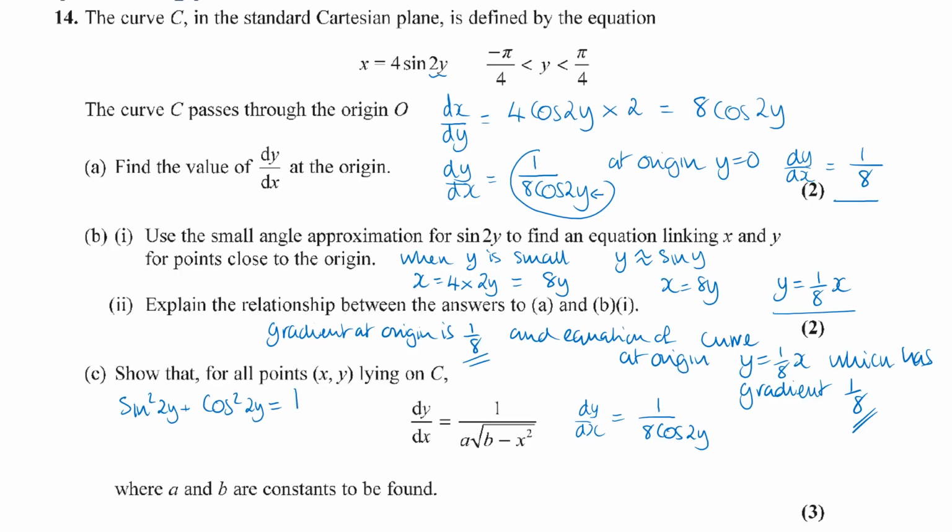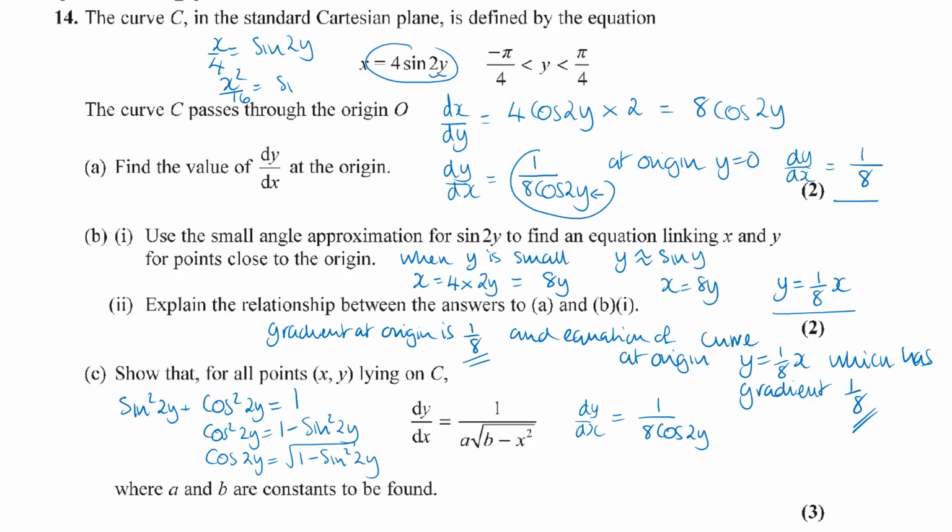So if we rearrange that equation, cos squared 2y is going to be 1 minus sine squared 2y, and taking the square root, cos 2y is equal to the square root of 1 minus sine squared 2y. We can go back to our original equation and get that x over 4 is equal to sine 2y. So x squared over 16 is equal to sine squared 2y.